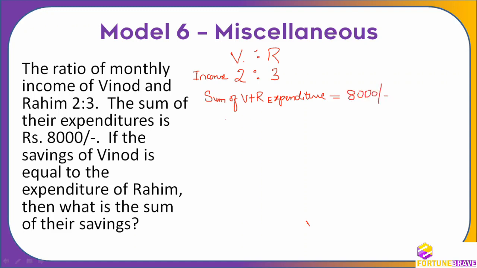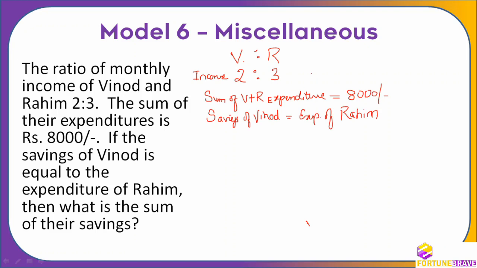Now, if the savings of Vinod is equal to the expenditure of Rahim, then what is the sum of their savings? One more piece of information is given: savings of Vinod is equal to expenditure of Rahim. Now, with this information, how do we solve?